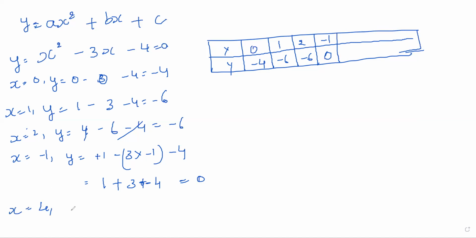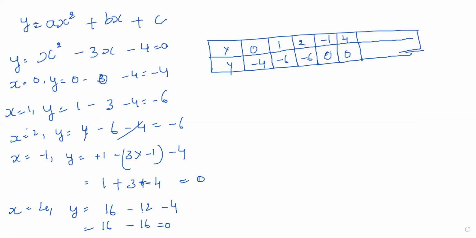Next, x is equal to 4, children. So 4 square is 16, minus 3 into 4 is 12, then minus 4, that is equal to 16 minus 12 minus 4, that is equal to 0. See, when it is 4, y becomes 0.